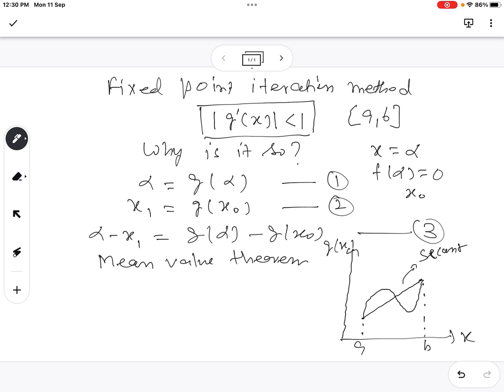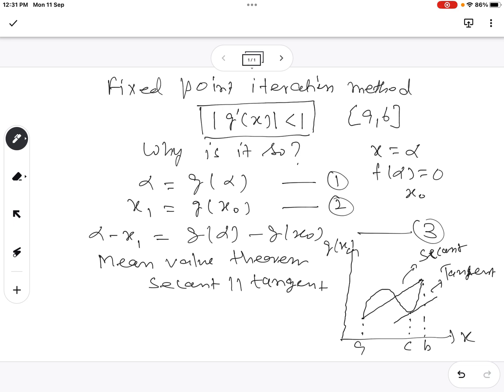Then there must be a point in between a and b, let us say that point is c, where if I draw a tangent, this tangent must be parallel to this secant.